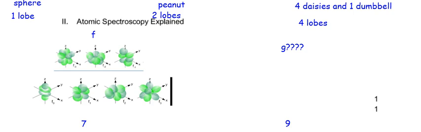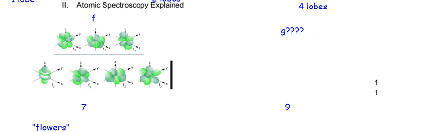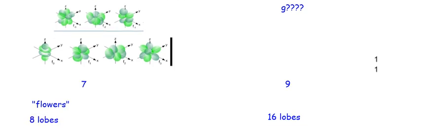But how many lobes do you think 8 of them are going to have? If you said 16, then you are correct. Look at the mathematical progression that Schrödinger did, and this broke open a huge idea with the atomic stuff, where the electrons are.